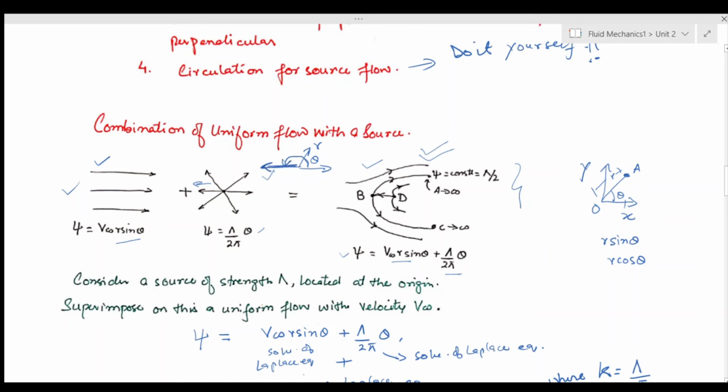For this one theta would be pi, and that is the reason I get point B as my stagnation point. This point D which you are looking at here is the center of the source. B point is my stagnation point, and therefore the streamline coming out of B would be my stagnation streamline.